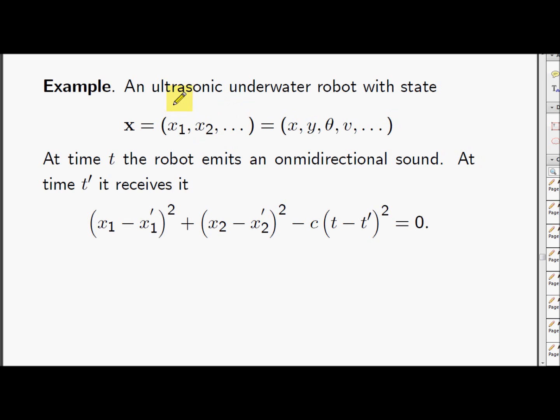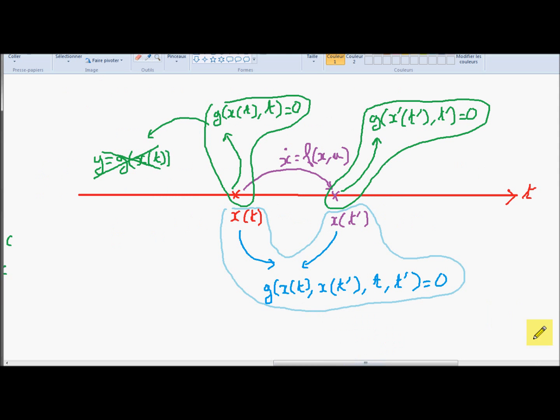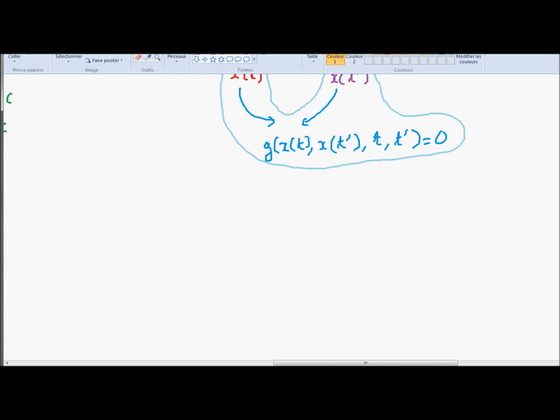This robot goes very fast. So if I draw this, I will have this picture. I have the robot here at time t, and at time t, it emits some kind of waves like this.